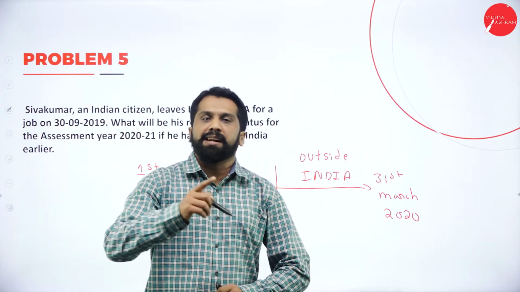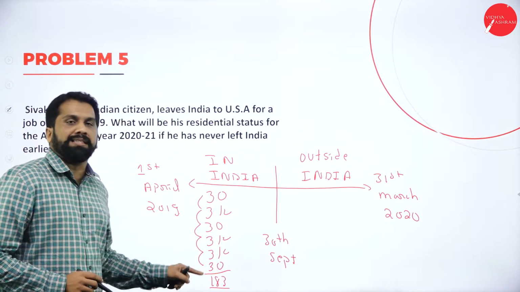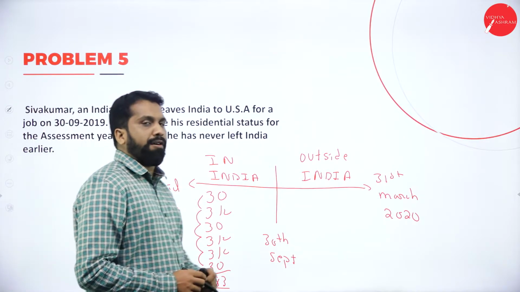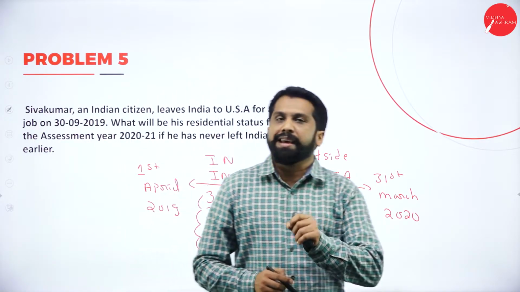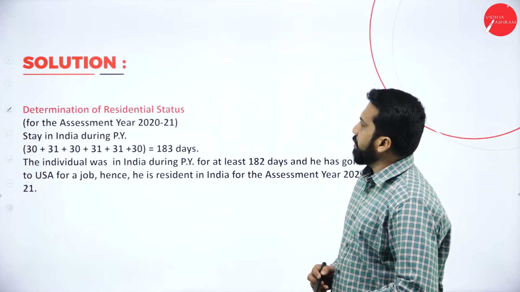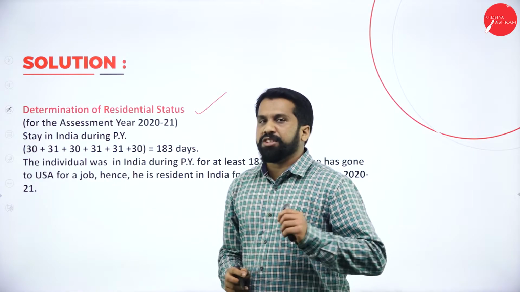Whether he is a resident or not, the answer is very simple. He is called a resident. Why? Because he was in India for more than 182 days. We'll go for the answer. Determination of residential status.